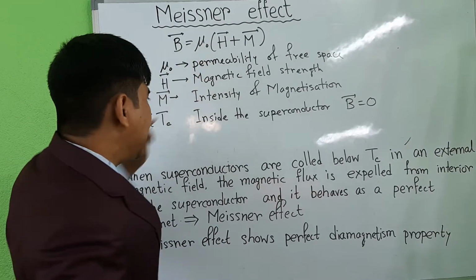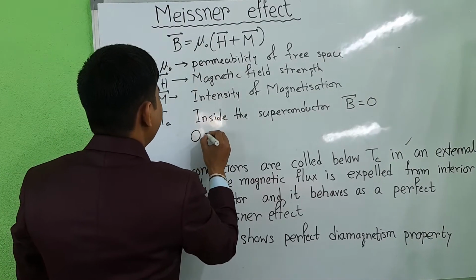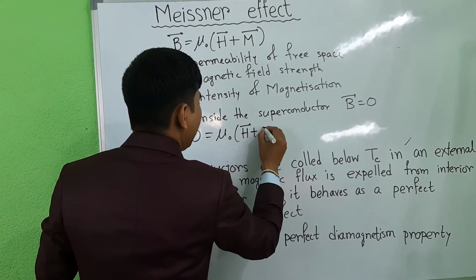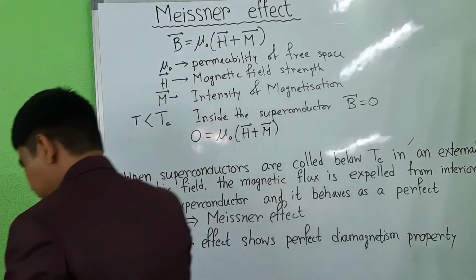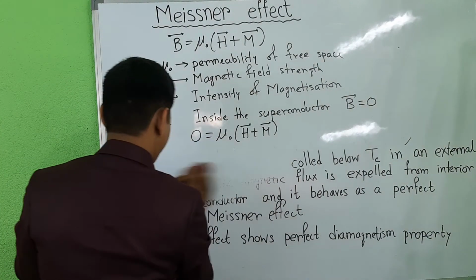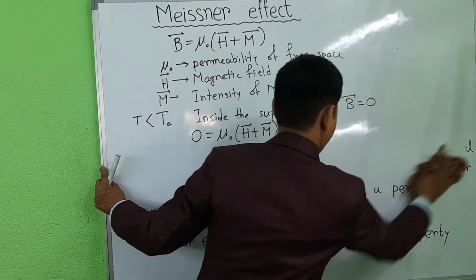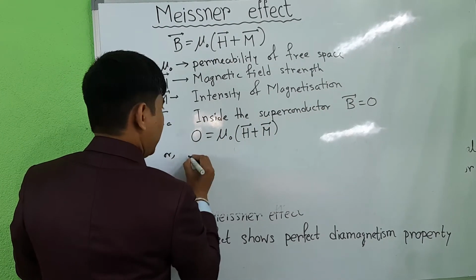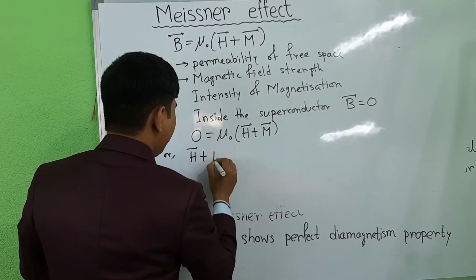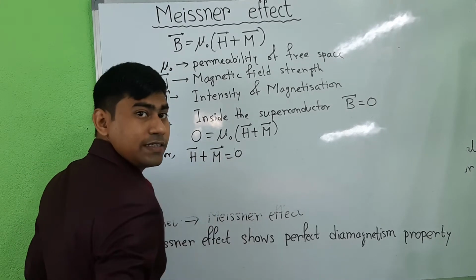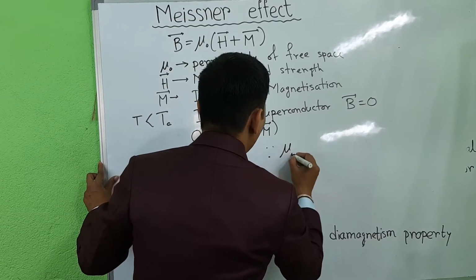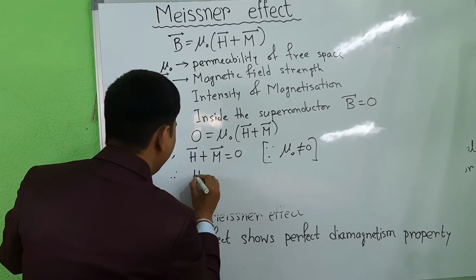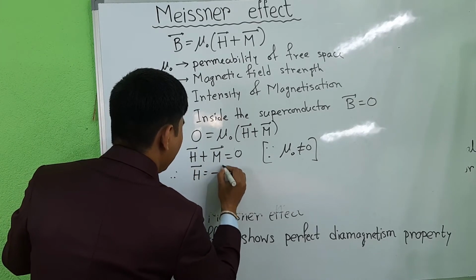So from this equation we get 0 is equal to mu 0 into H plus M, or H plus M is equal to 0, since mu 0 is not equal to 0. Hence we get H vector is equal to minus M vector.